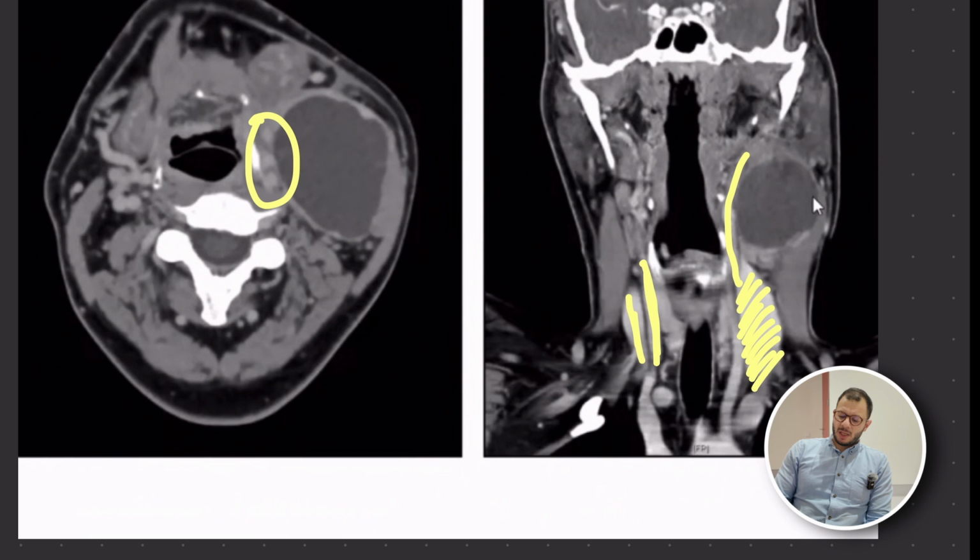Here you can see the direction of the carotid. Here is the carotid on the other side, and then here you can also see, if I remove my markings, this effect of closing of the jugular vein and the swelling of the proximal part of the jugular vein.